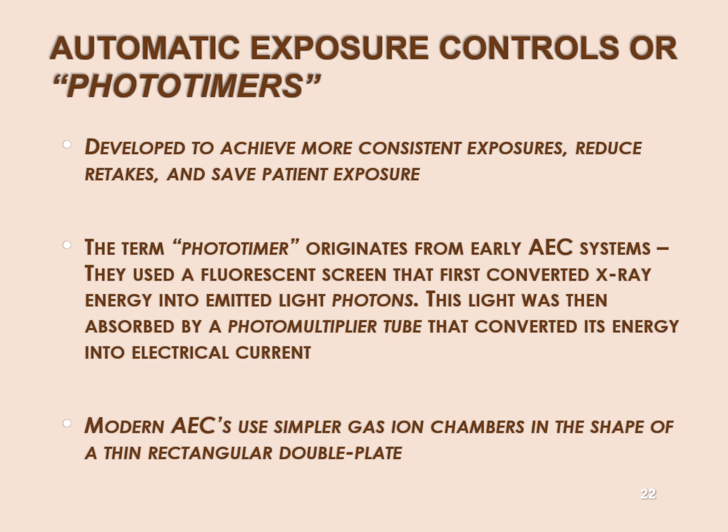They'd put a fluorescent screen behind, and then they put a light capturing diode or a light sensor meter behind that, and they'd put all this behind the image receptor. X-rays that penetrated all the way through the image receptor would hit the fluorescent screen and give off light, and then the photomultiplier tube would absorb the light, and that's the light detector.